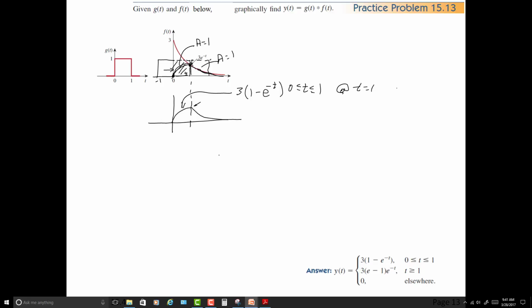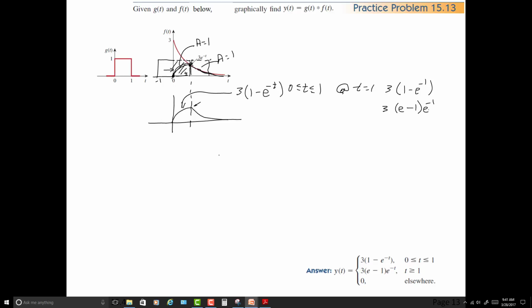Well, it's 3 times 1 minus e to the minus 1. But we could write this as 3 times e minus 1, times, in other words, I'm going to factor out the e to the minus 1. So that would be a hard value.